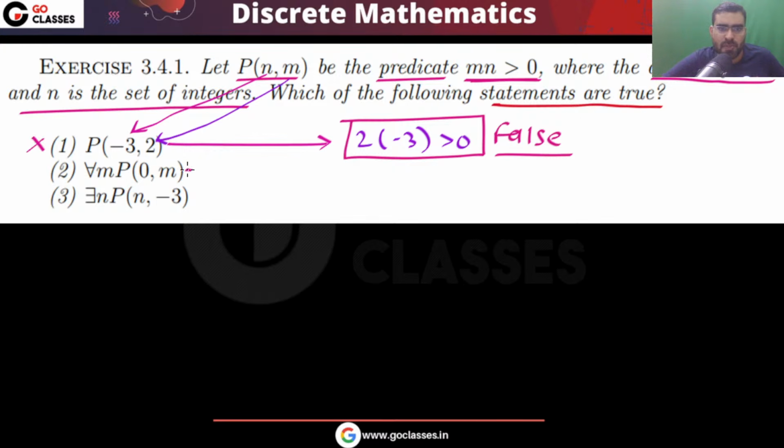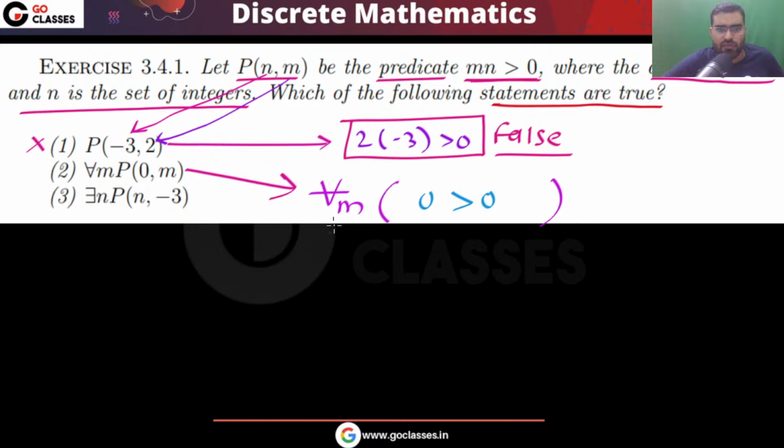What about this one? Look at this one. What is this statement saying? This is saying for all m, this is true. For every value of m, what is true? You can see n is 0. So for every value, it is saying that 0 is greater than 0.